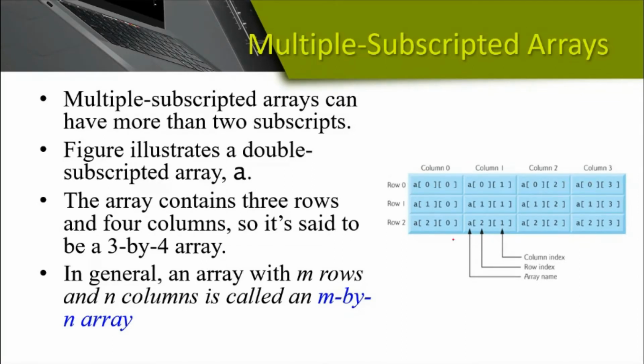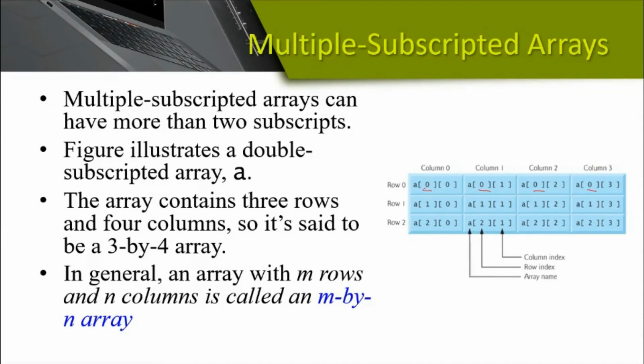If you look carefully into the elements within this particular table, you can see for the first row elements, the first subscript is 0. So this is 0, this is 0, this is 0, and this is 0. So all the first subscripts in the first row, that is row number 0, will be equal to 0.